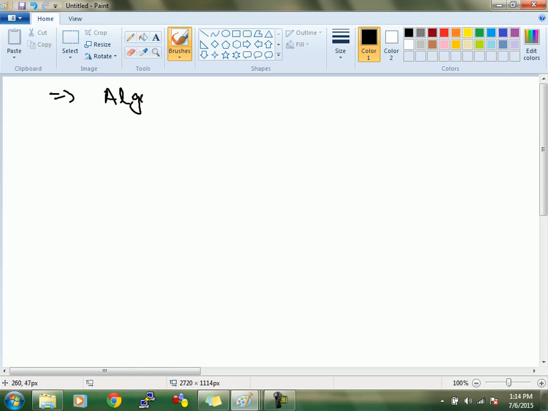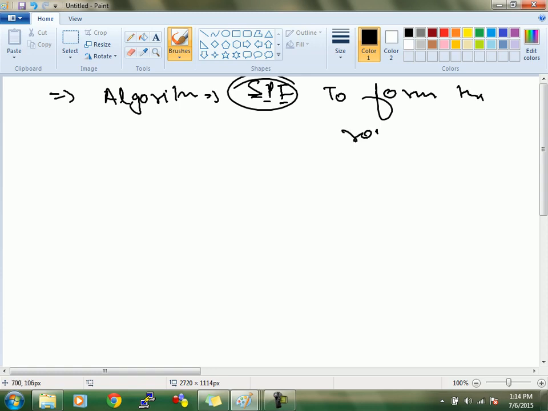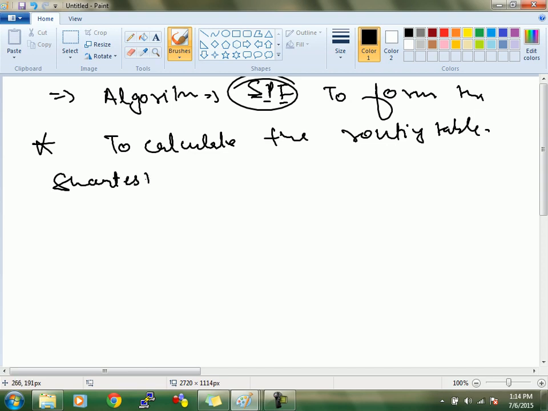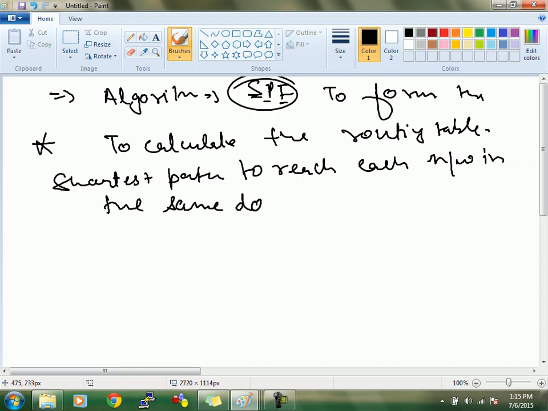They will run an algorithm called OSPF, shortest path first, to form the routing table, or indirectly you can say to calculate the shortest path to reach each network in the same domain. This thing is clear? Fine.